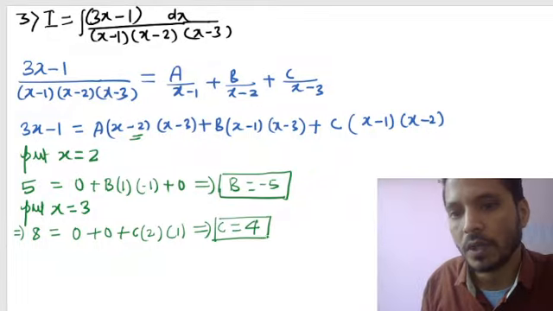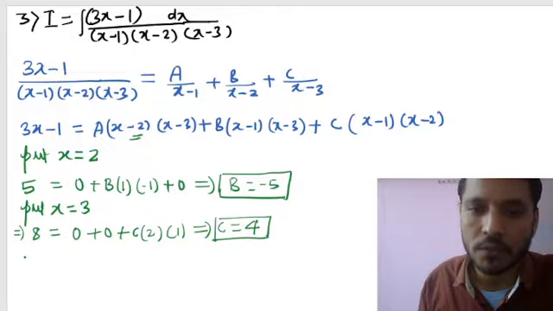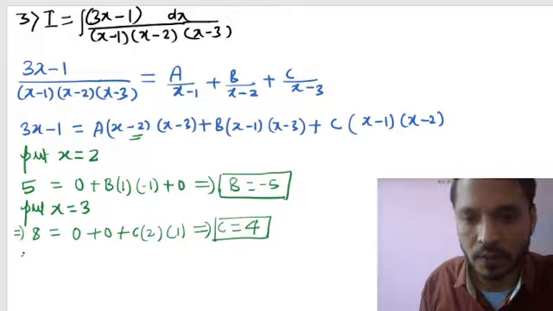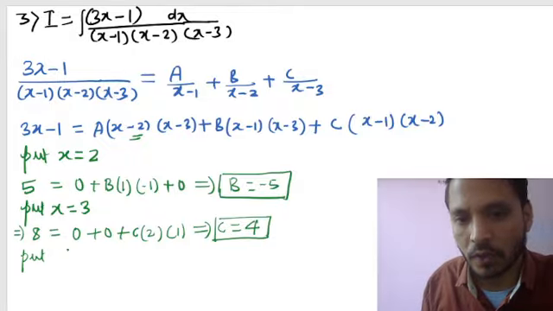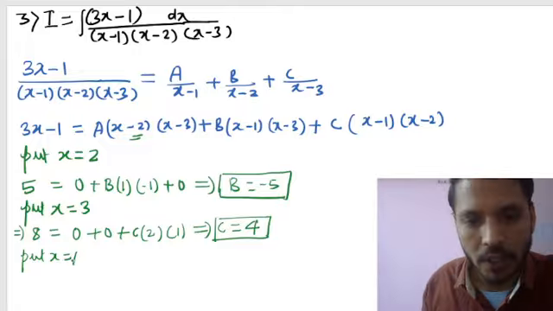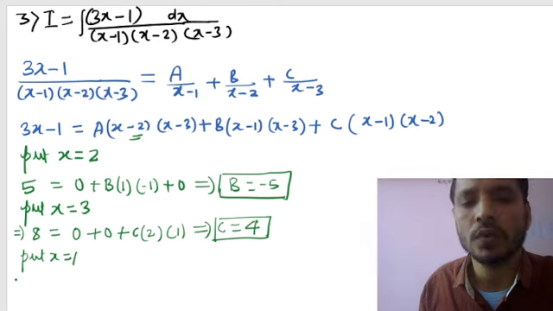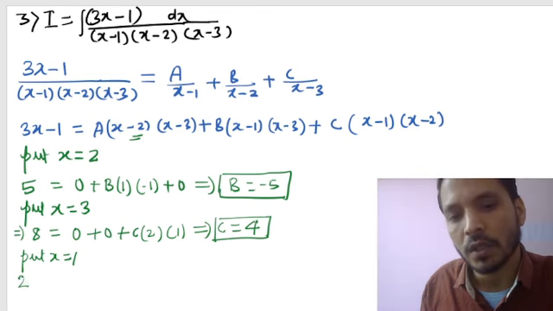Right, now next we have x equal to 1, put x equal to 1. So if you put x equal to 1 in the above equation, this will become 2, and 2 is equal to what?